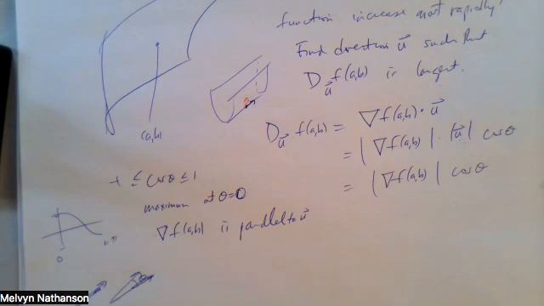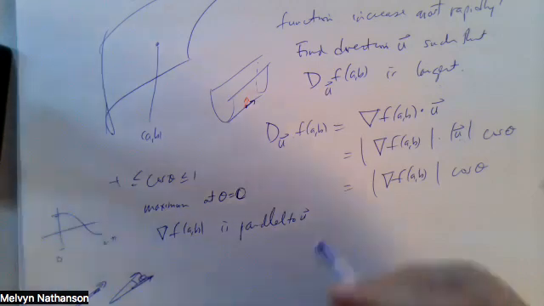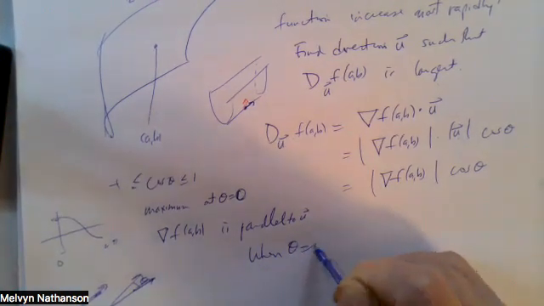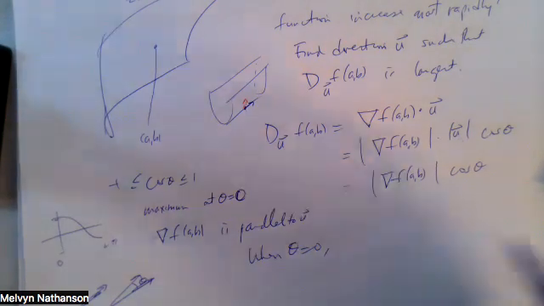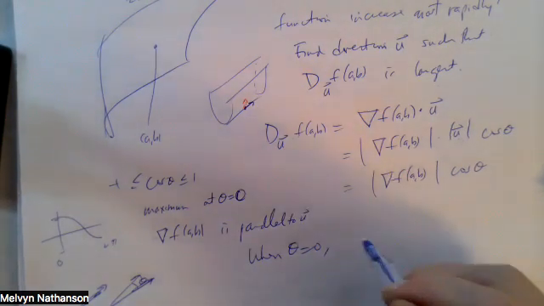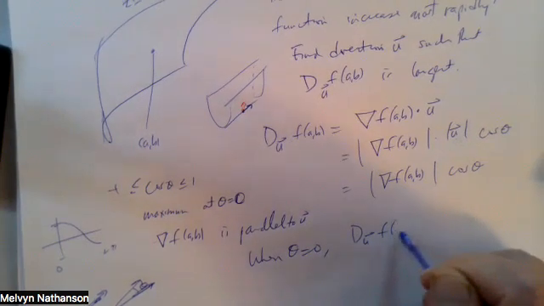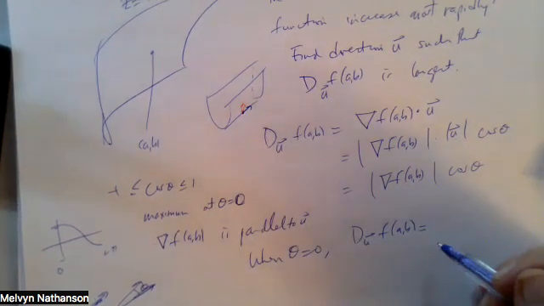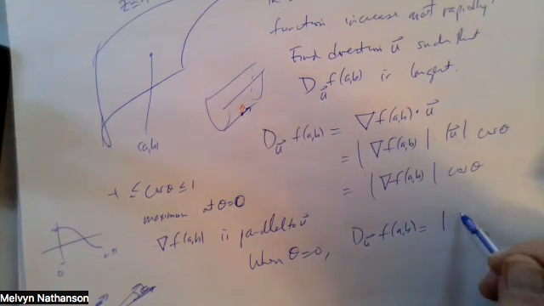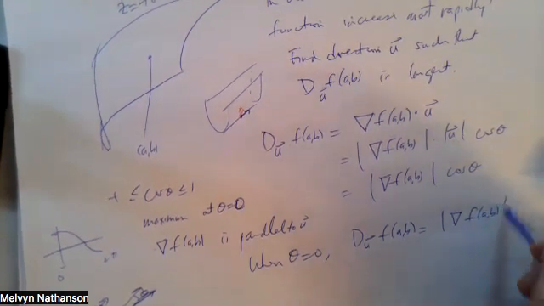So the maximum value of the directional derivative of a function at a point is when the direction is the direction of the gradient. And the rate of change is, when theta equals 0, the value of the directional derivative of f at (a, b) is the magnitude of the gradient vector.